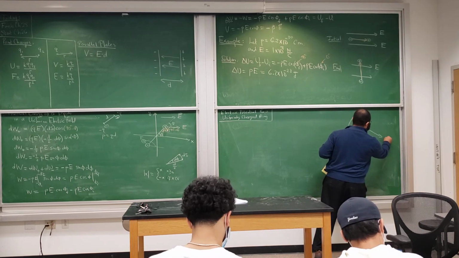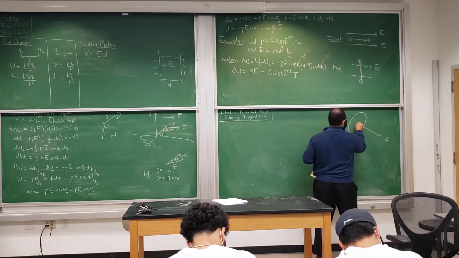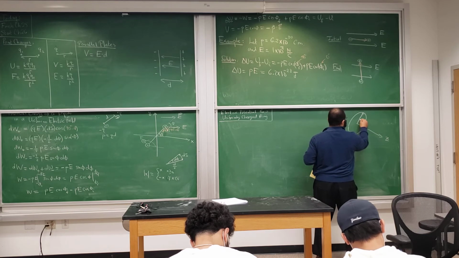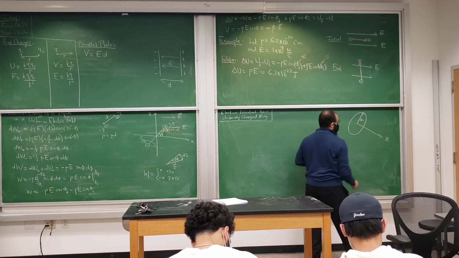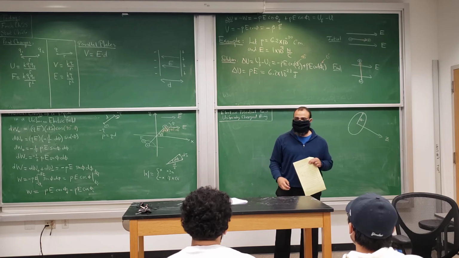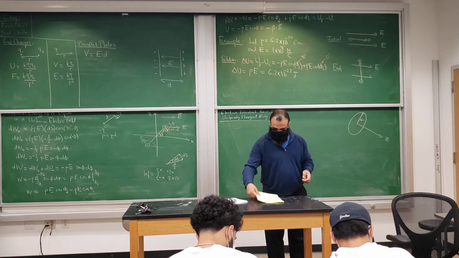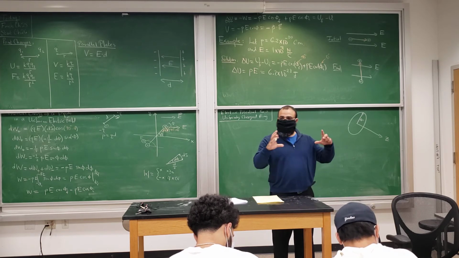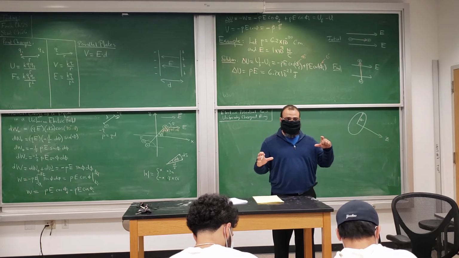Here is the ring, here is the z-axis, and the ring has radius R, capital R. That's my attempt to show 3D. The ring has a total charge capital Q on it.